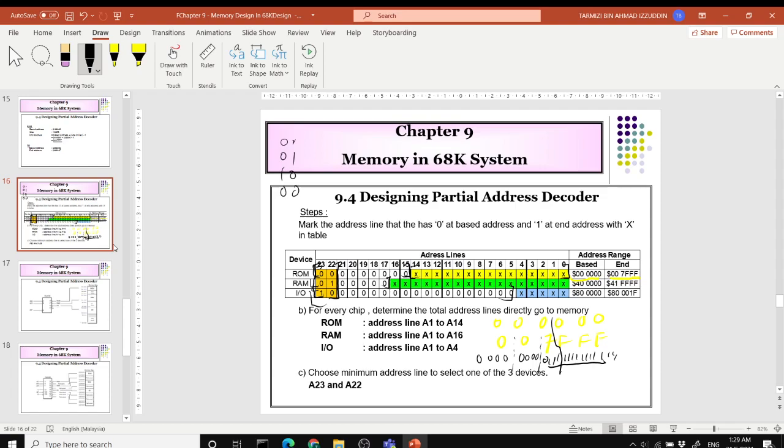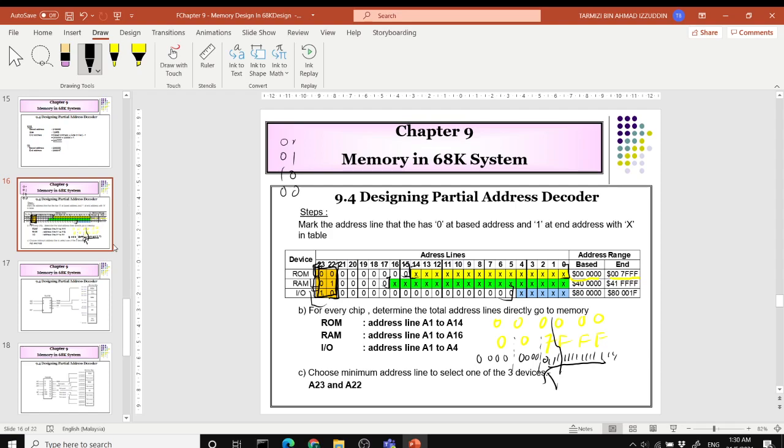So here we identify that address lines A22 and A23 can be used to select between these devices. Only 2 pins are required, A22 and A23. So the step is: choose the minimum address lines to select one of the 3 devices, hence we use A22 to A23.